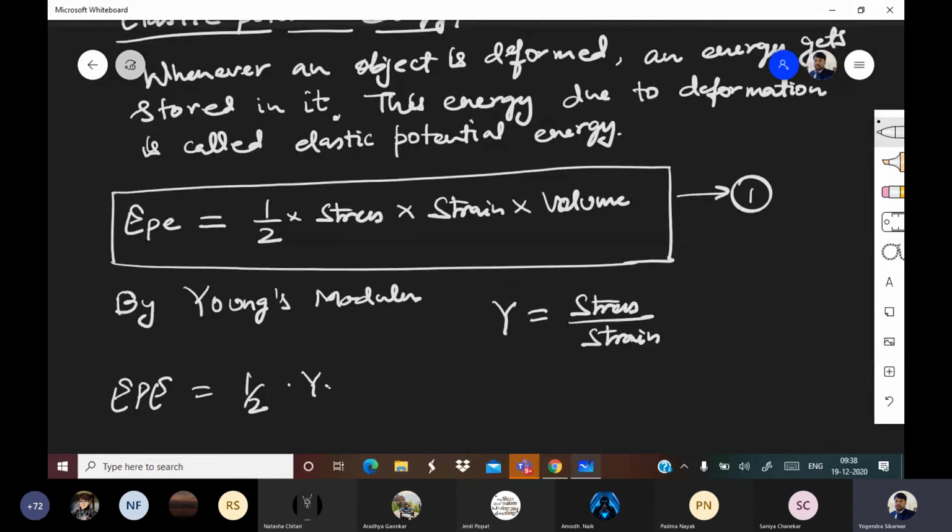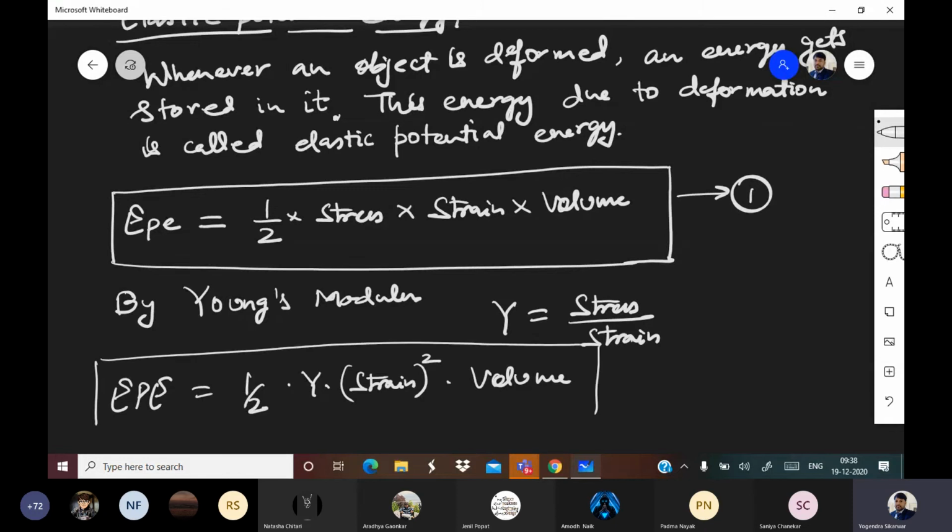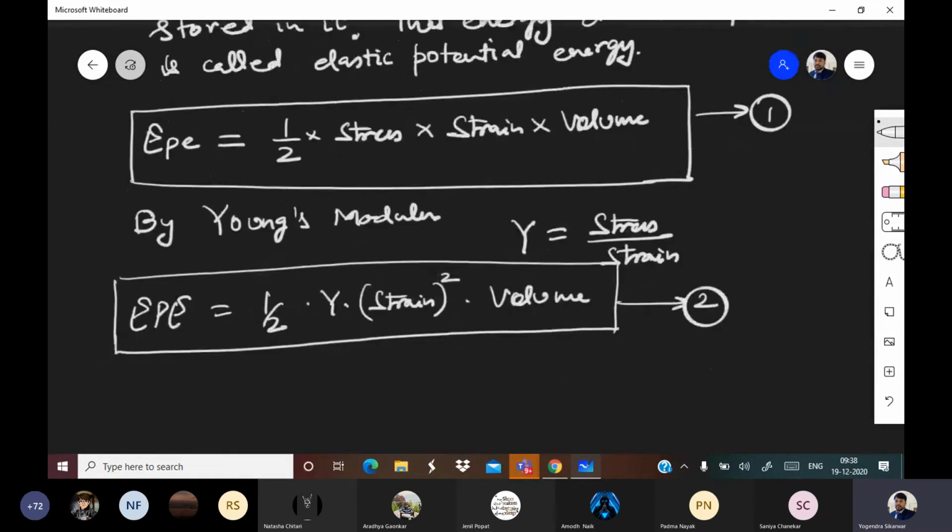So this will be Y into strain whole square into volume. Okay. So this is equation 2.